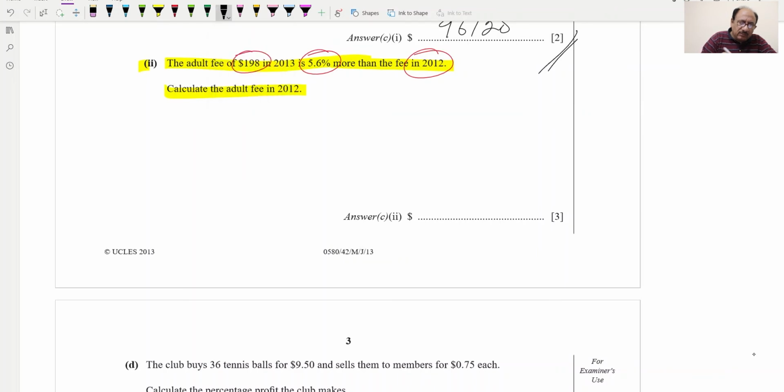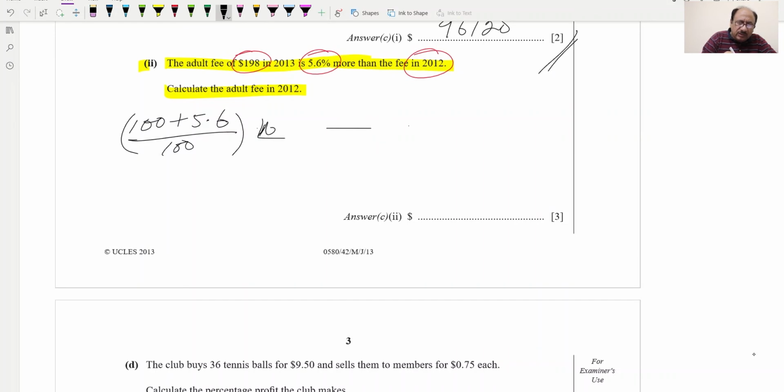So we can calculate (100 plus 5.6) divided by 100, applied on x.